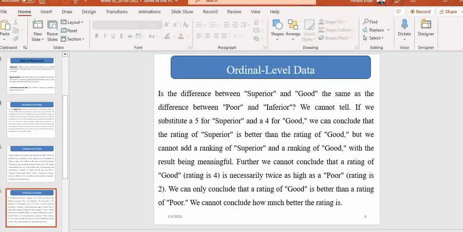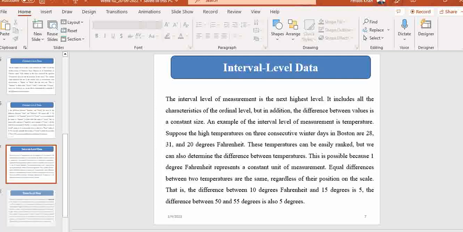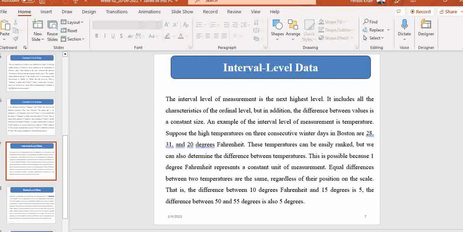Okay, you can see the full slide for this, because this is an overview, so I will just try to be precise. The next scale is the interval scale. The interval level of measurement is the next highest level. It includes all the characteristics of the ordinal level, but in addition, the difference between values is a constant size. An example of the interval level of measurement is temperature.